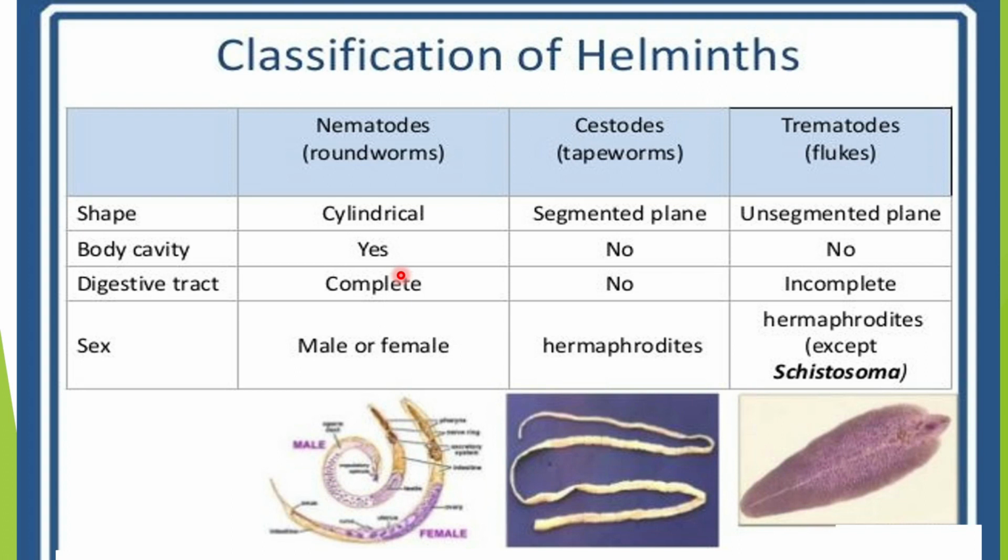In this table, we can see the classification of helminths and their differences. First is nematodes. Coming to the shape, nematodes are cylindrical, elongated and unsegmented. Cestodes or tapeworms are tape-like and segmented. Trematodes, which include flukes, are unsegmented and leaf-like.